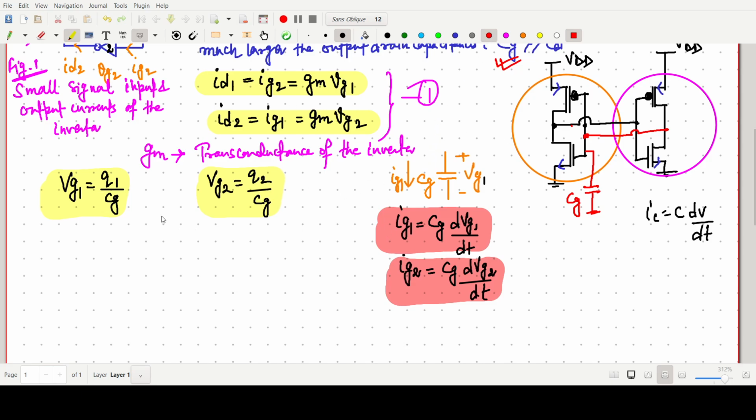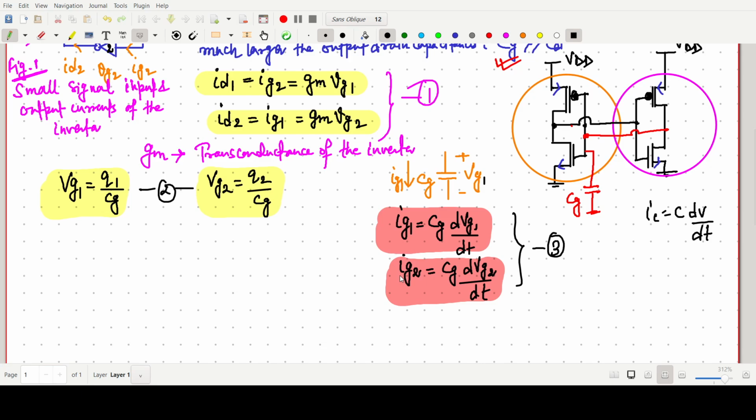We can say this is equation 3, and I am saying both combined, so this one is our equation number 2.